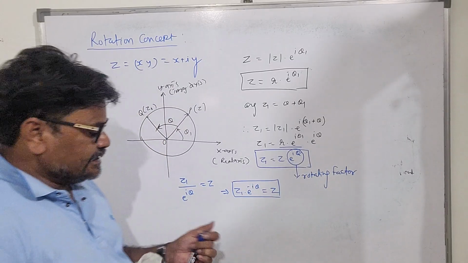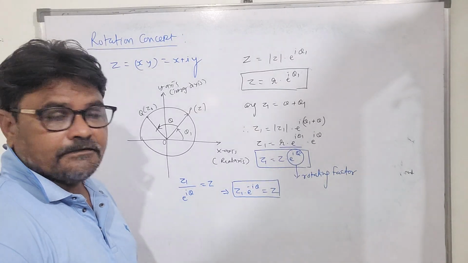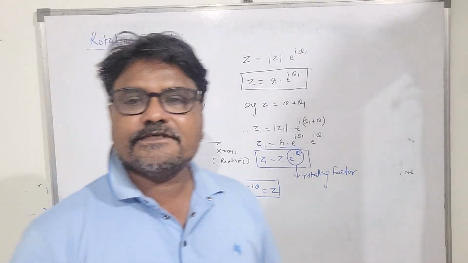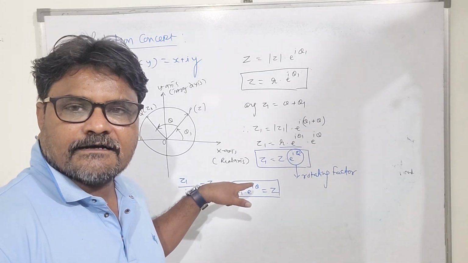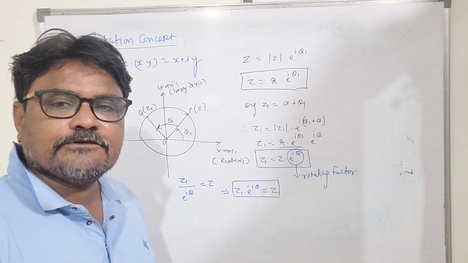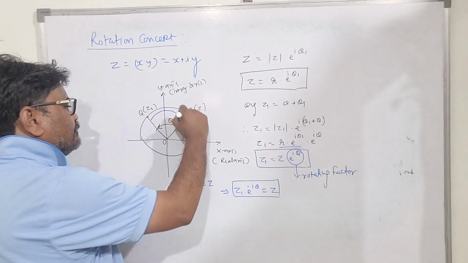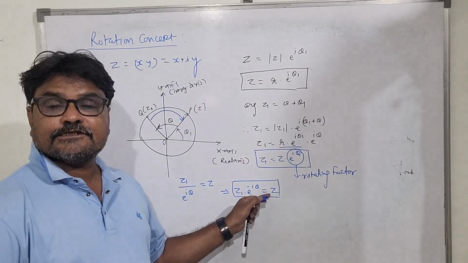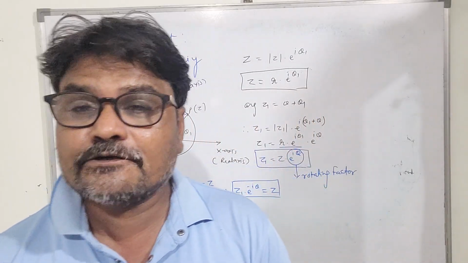Again you are observing that we are multiplying Z1 by e^(-iθ), and we are getting the complex number Z. So e^(-iθ) is the rotating factor for this complex number Z1, which is being rotated in the clockwise direction by theta degree to get its new position Z. So finally e^(iθ) is a rotating factor.